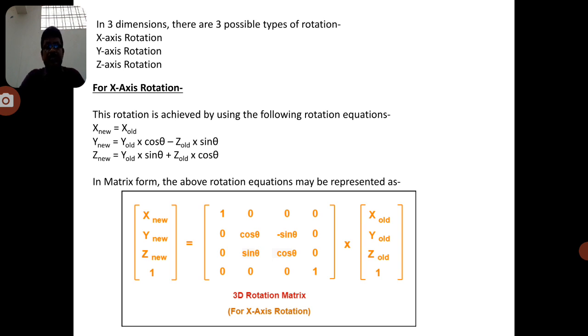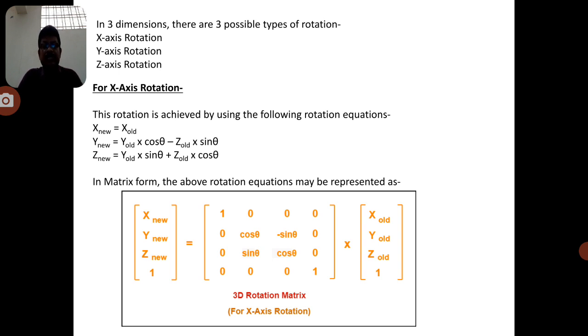We need to find each rotation as an individual calculation: for x-axis rotation we find the new coordinates, for y-axis rotation we find the new coordinates, and for z-axis rotation we also find the new coordinates.